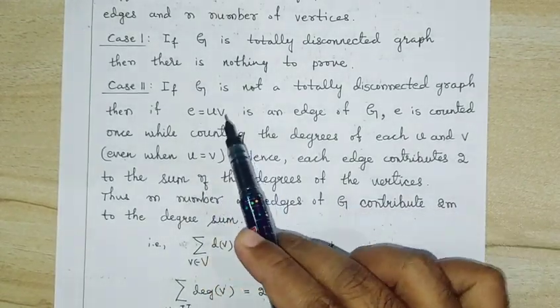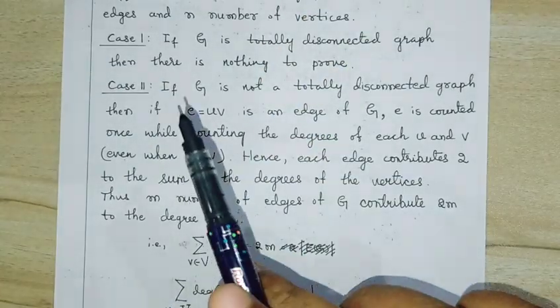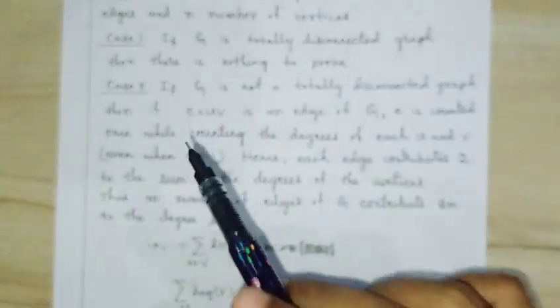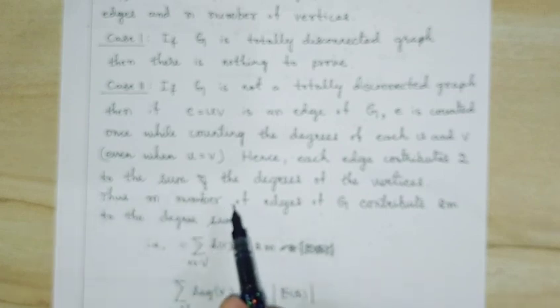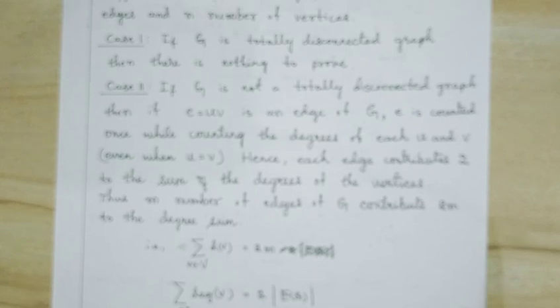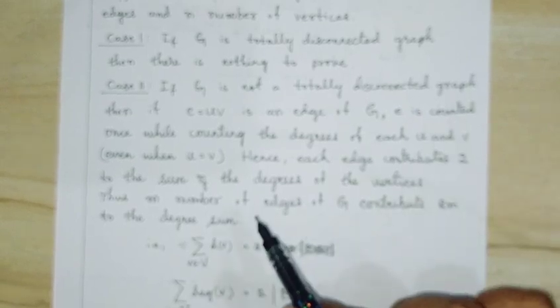If we have a loop e from u to u, in such a case, to calculate the degree of u, we will count e twice. Hence each edge will contribute 2 to the sum of the degrees of vertices. If we have one edge, it will contribute 2 to the degree sum.